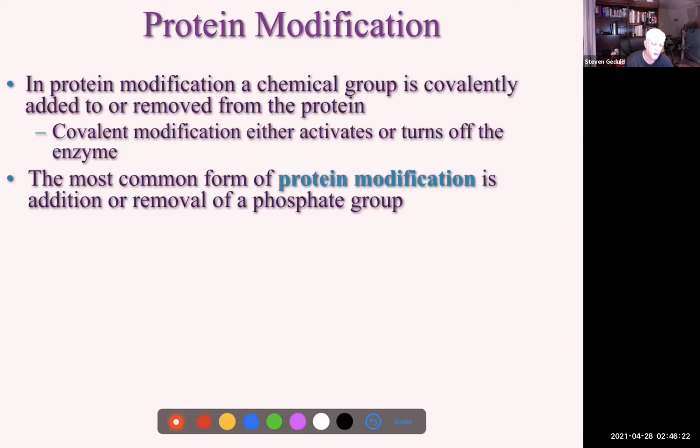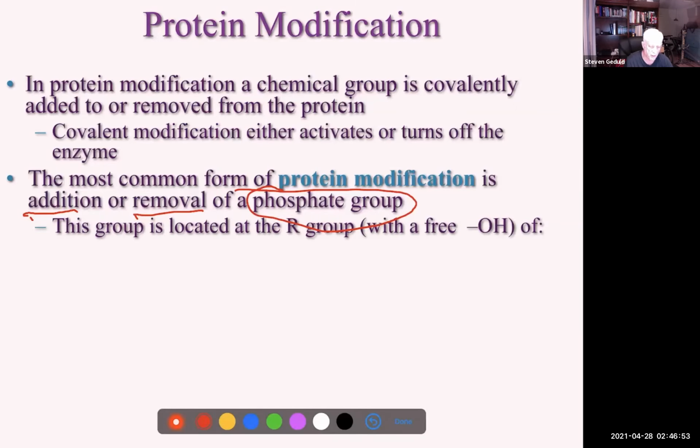The most common form of protein modification is addition or removal of a phosphate group. Phosphate groups are used to transport energy, ADP to ATP, etc. Phosphate groups are energy stores, and when we break those bonds, we produce energy. So the most common form of modifying a protein is adding or removing a phosphate group.